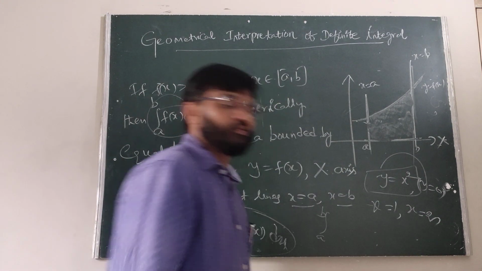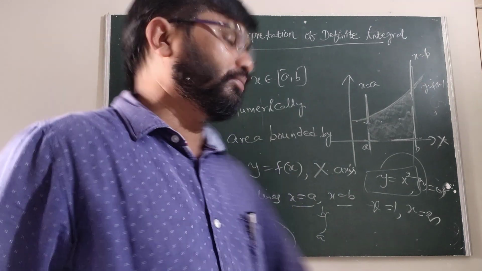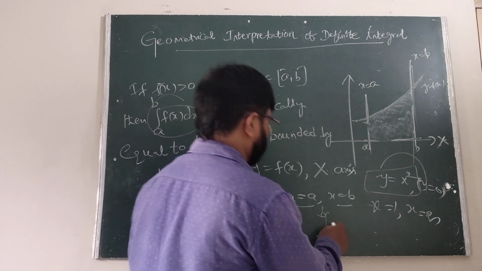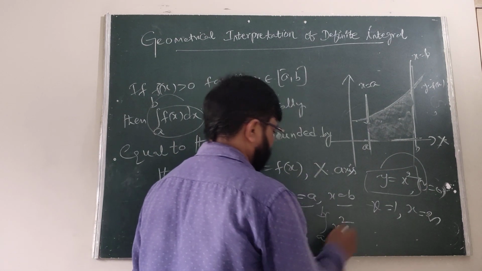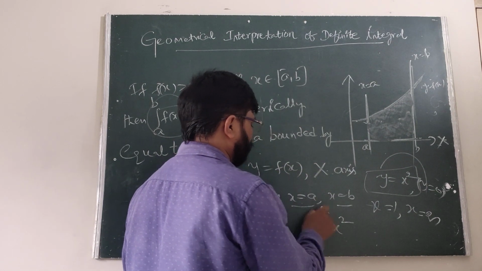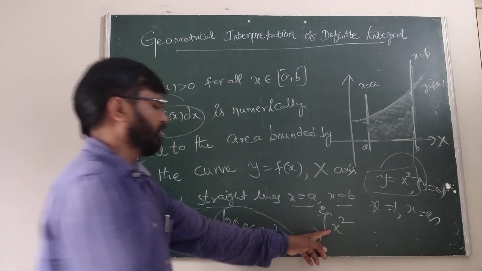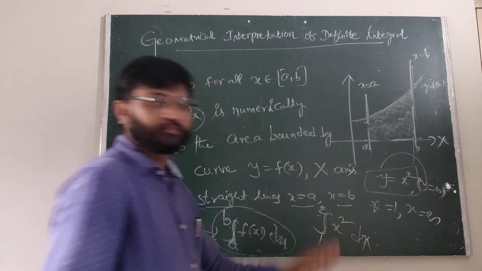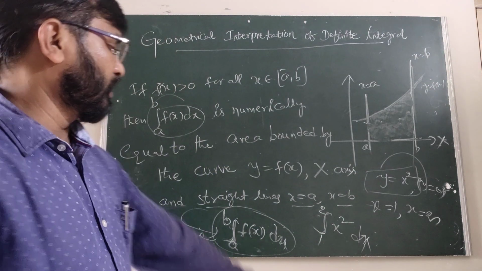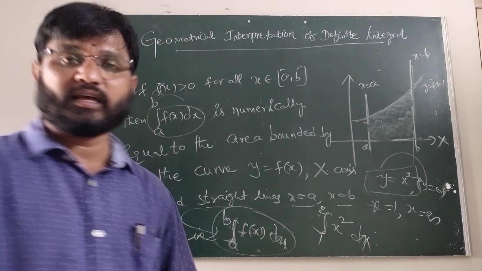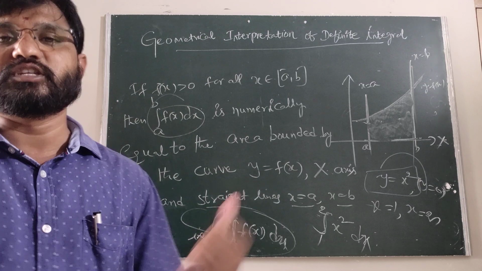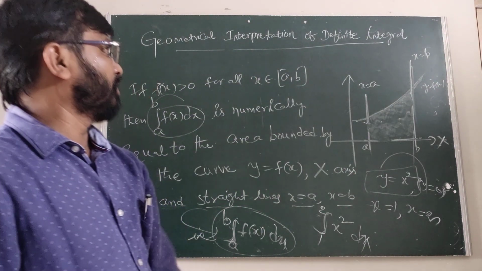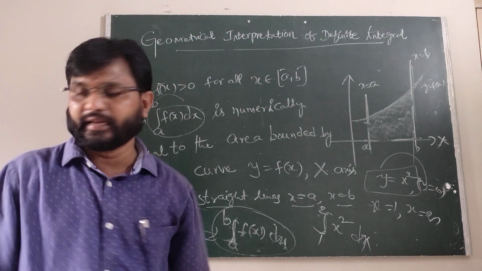The area, when we observe the two graphs, this is y1 and this is y2. y1 minus y2, that means x square minus 0. The integral is from 1 to 2. We know the integral of x square dx is x cube by 3. Is it clear? With x cube by 3, we can substitute the upper and lower limits. Okay, this is the geometrical interpretation of the definite integral.